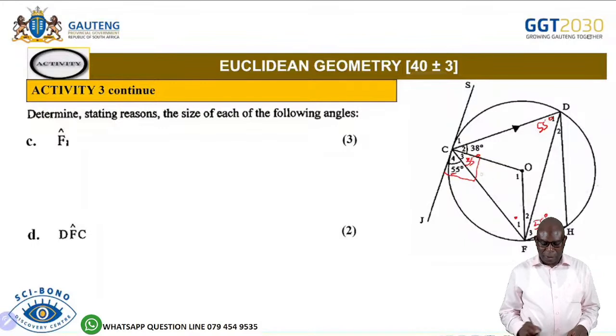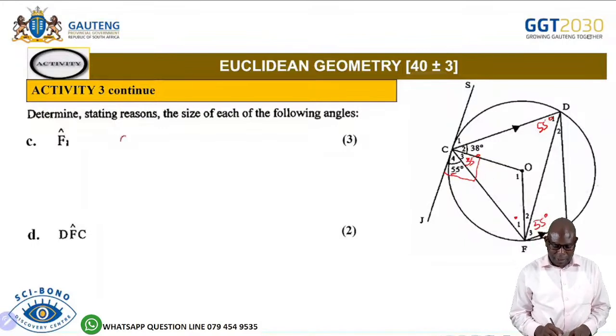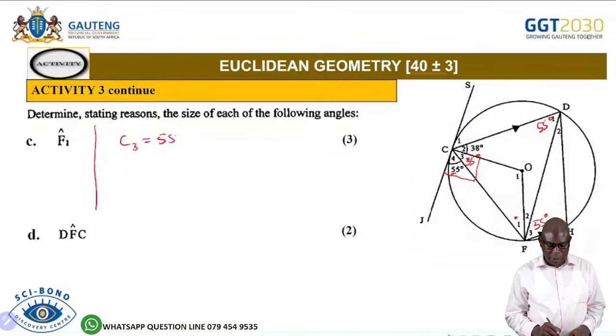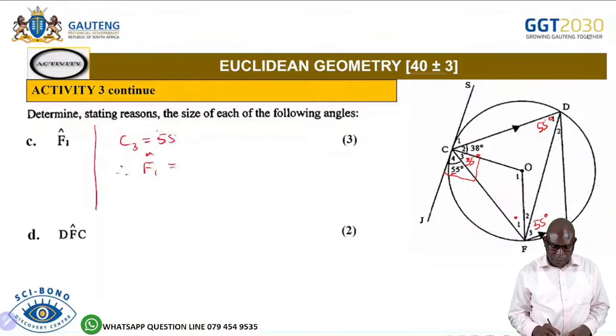So first I must get C3 equals 55 degrees, right? And then if that is 55 degrees, F1 will be equal to 35 degrees. Then this one will also be 35 degrees.